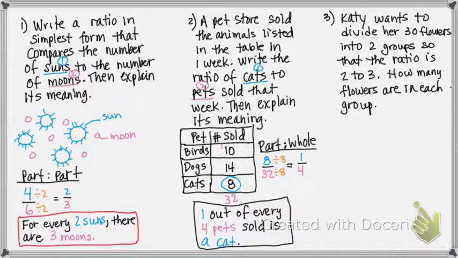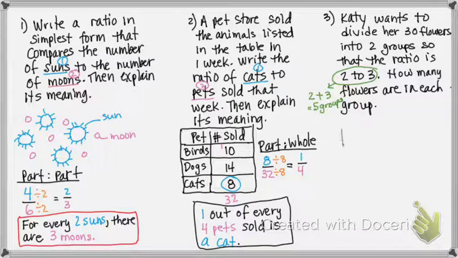We're going to look at the ratio, and that tells us we have 2 different types of flowers. We have 2 in one, we have 3 in the other. So that means we're going to have 5 groups of flowers. Now the question doesn't ask how many groups there are. It says how many flowers are in each group.